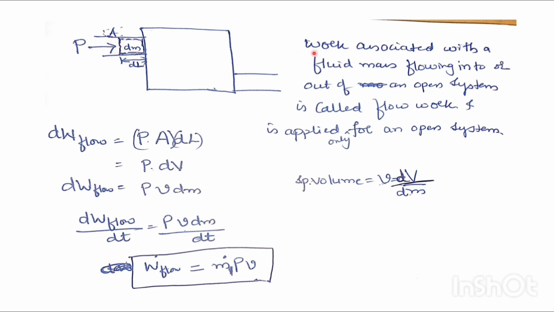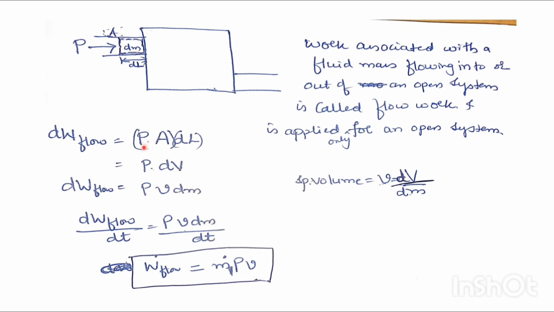The work associated with the fluid mass flowing into or out of an open system is called the flow work, and it applies only for an open system. So when mass is entering or leaving the system, some work is associated with the fluid mass. That is called the flow work, and we have to consider it.